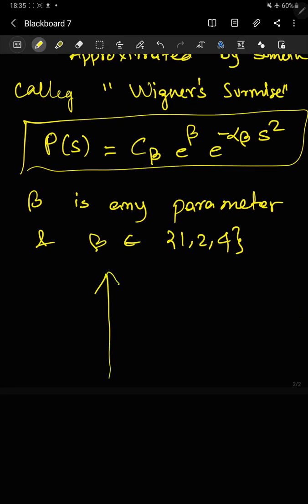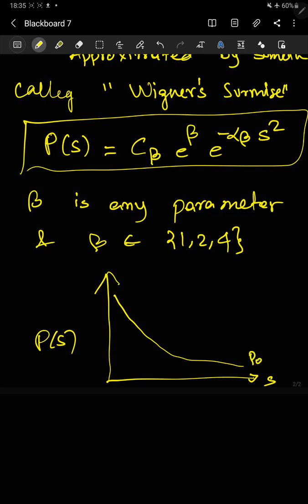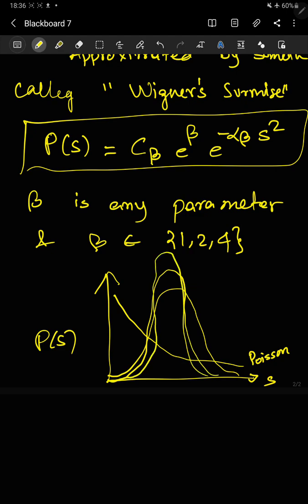So if you plot the graph, let's say you have P(S) here and S here, the spacing distribution, the Poisson distribution follows something like this, and I will try to draw it correctly. Yeah, something like this. This is beta equal to 1. This one is beta equal to 2, and this is the beta equal to 4 scenario.